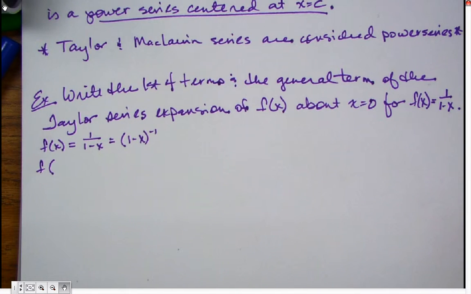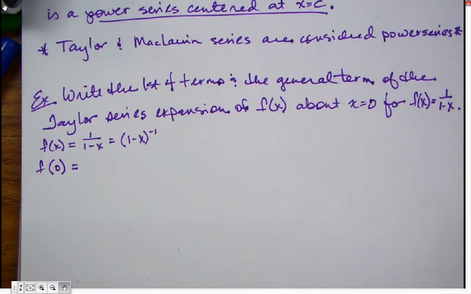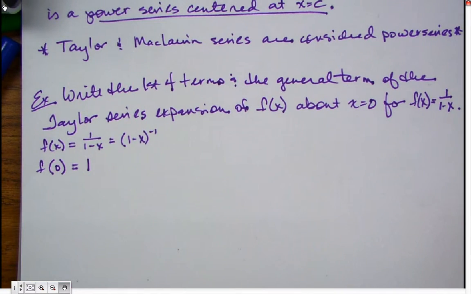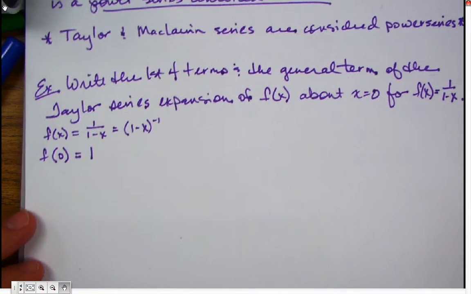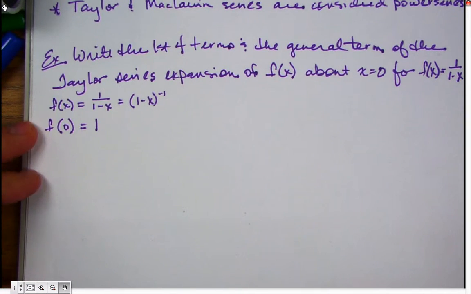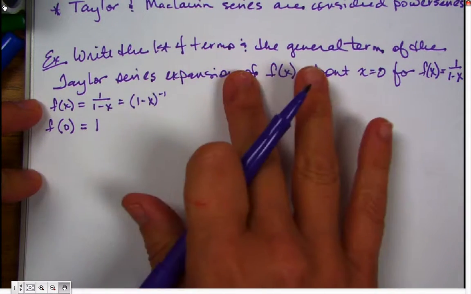Okay, it's centered at 0, right? So f of 0 is 1. Okay, how many derivatives am I going to have to take? 3 derivatives, right? 3 derivatives to get 4 terms.